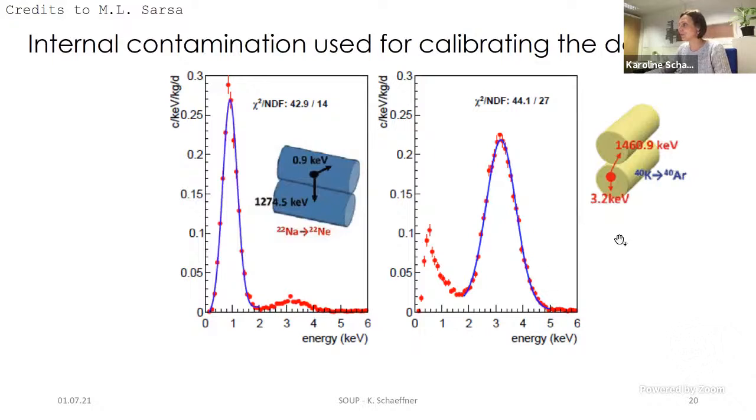The same is true for the decay of potassium-40, where you get 3.2 keV Auger electrons, where you can see here the peak. So this can very nicely be used for calibration, of course.